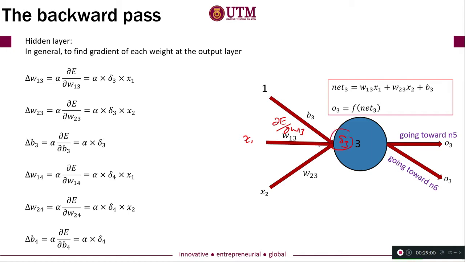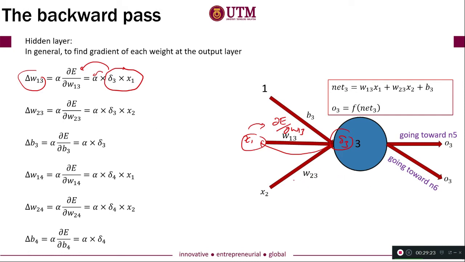Multiply this one and this one, you get this one. Of course, to find the updaters there, you need to multiply with alpha. So you can see that there's a general pattern there.